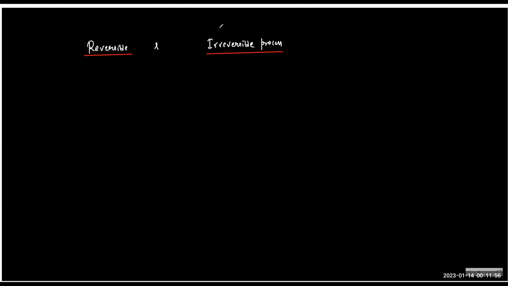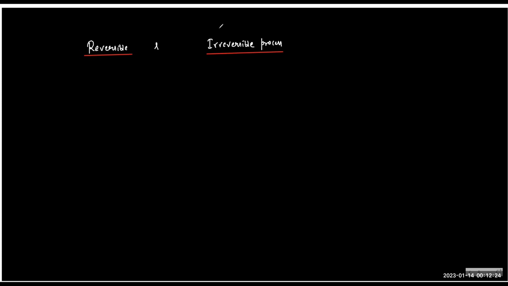A process is basically called irreversible because it is natural. And therefore, any spontaneous process, any process which is happening... What is the meaning of spontaneous? No external driving force or agent is required.